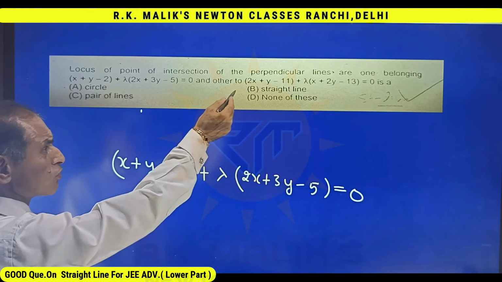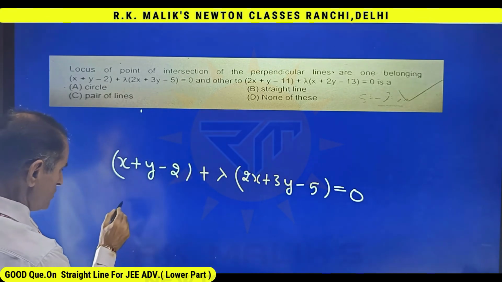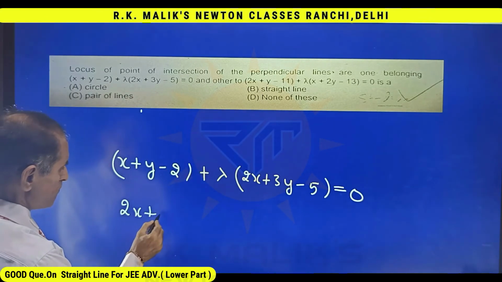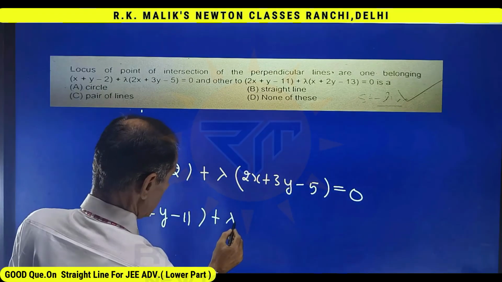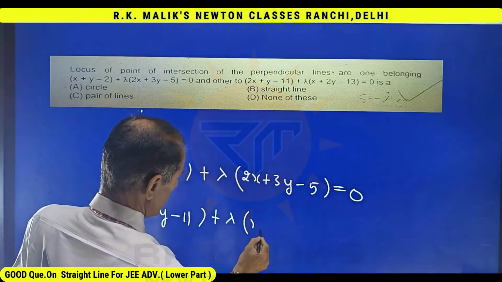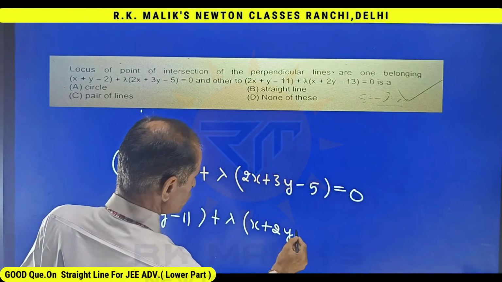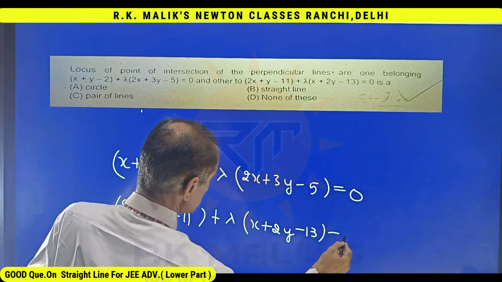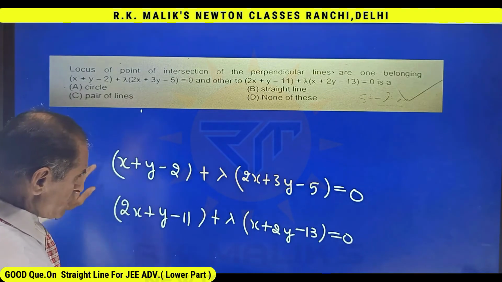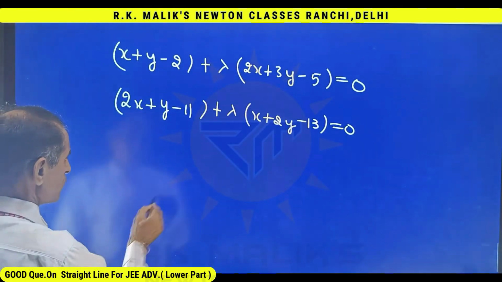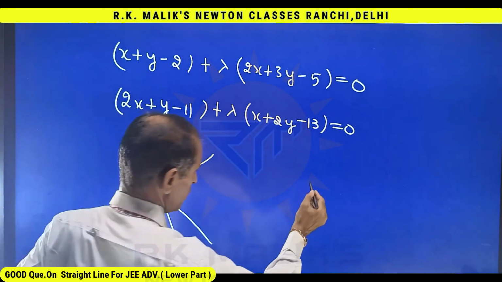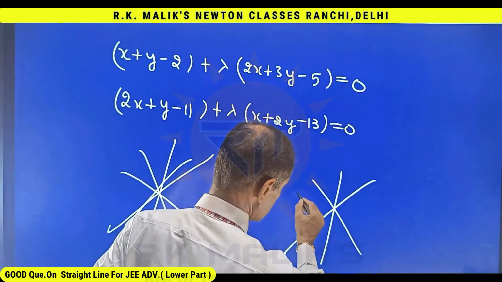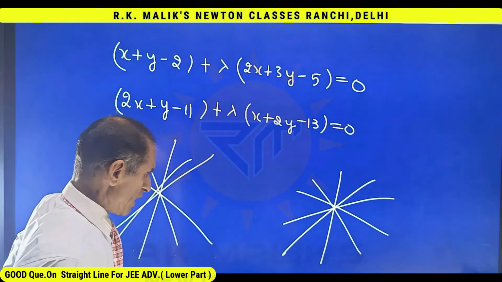And the other family of concurrent lines is 2x plus y minus 11 plus lambda into (x plus 2y minus 13) equal to 0.